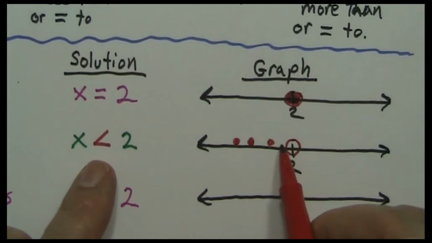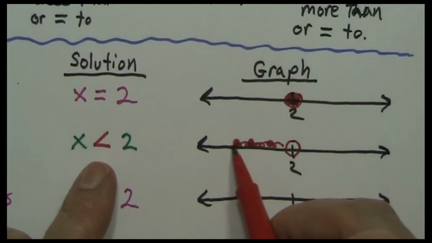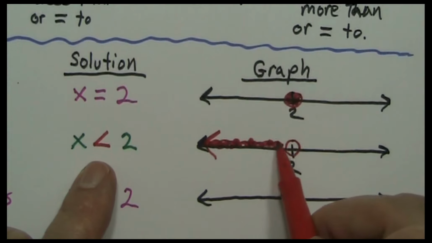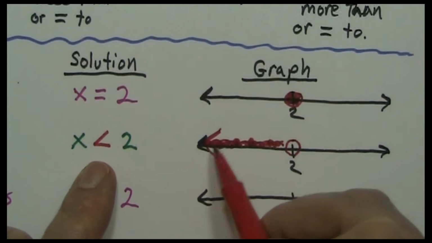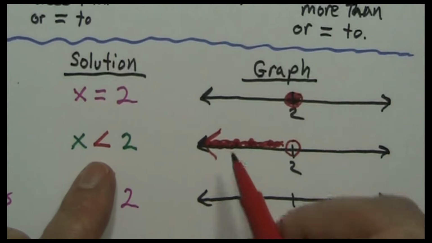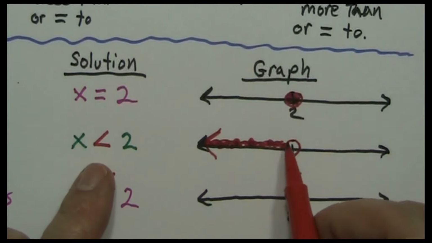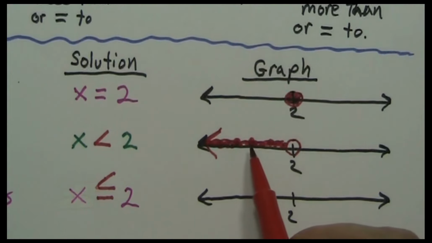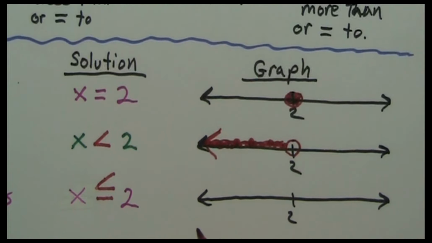And then all of this, to represent that everything is included, you can put a little squiggly line or shade it in like this, and then put an arrow representing that it keeps going down this way. Because you could have negative money in the bank. You could owe the bank money. But you don't have $2. You have less than $2.